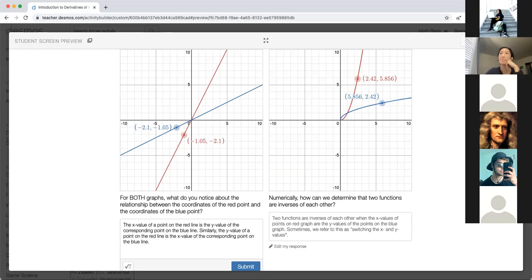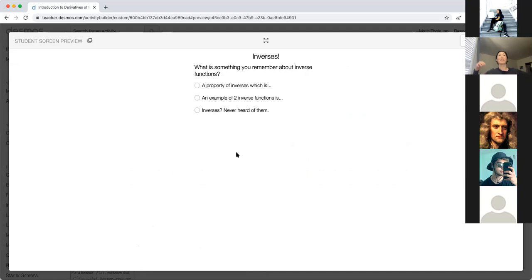All right, so next slide, inverses. This is where I need your contributions right off the bat: what are some things that you remember about inverse functions? I'll give you a moment to think. If you've never heard of them, we could click here.